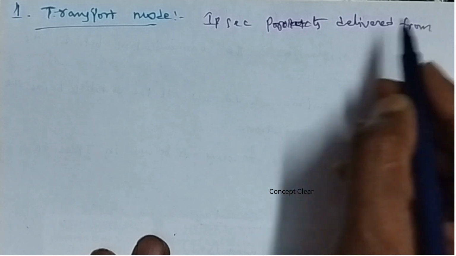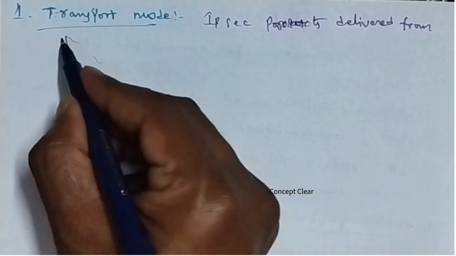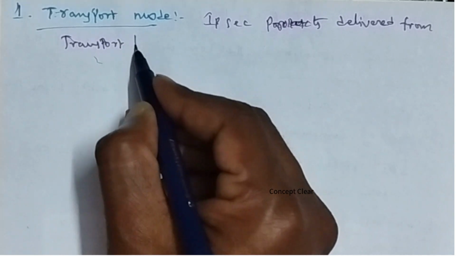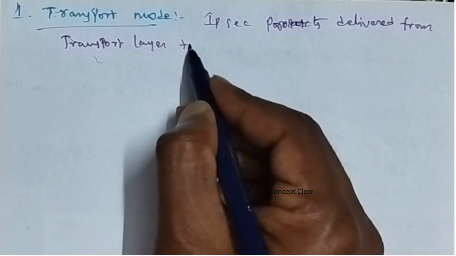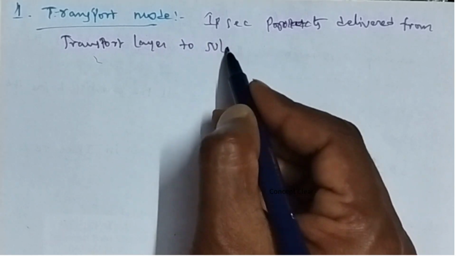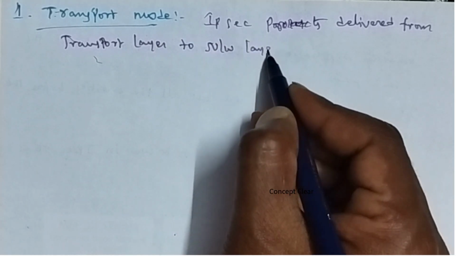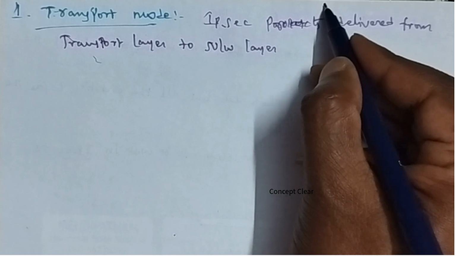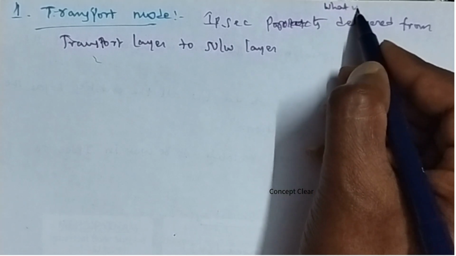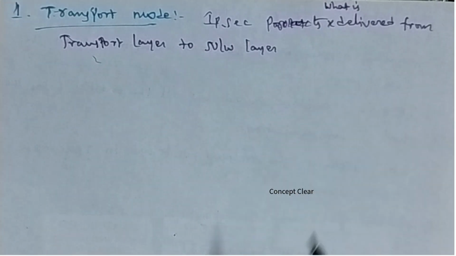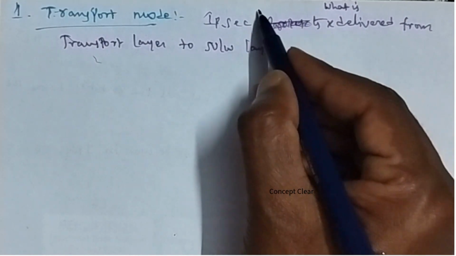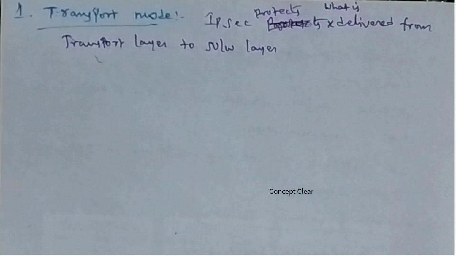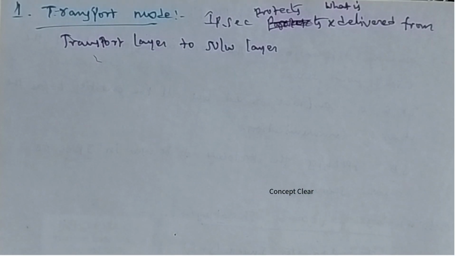IP security protects what is delivered from the transport layer to the network layer. Here the word is protects: it protects what is delivered between the transport layer and the network layer.